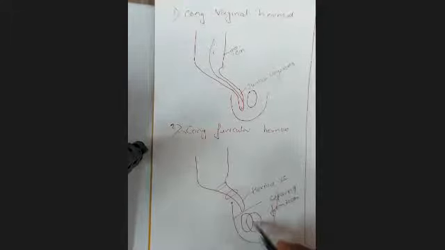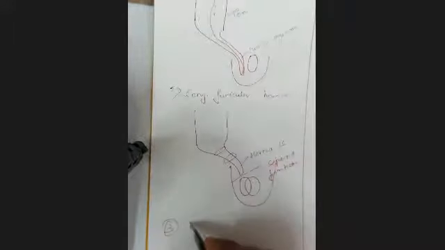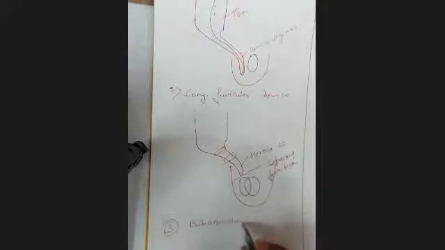And the third variety of indirect hernia is the bubonocele. Bubonocele is where this is restricted to the inguinal canal itself.